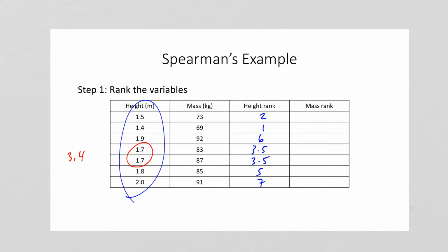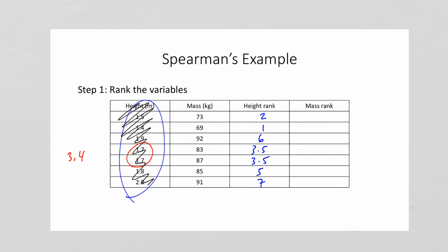We do the same for the second variable, in this case the mass. Now I often find it difficult to concentrate on that column, so if it helps you, you can just cover up the other column with a piece of paper or by scribbling it over like I just did there.